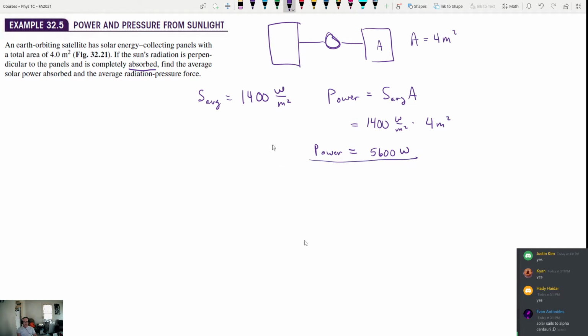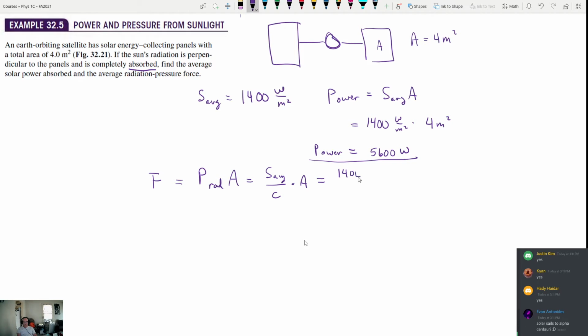And then find the average radiation pressure force. To get the radiation pressure, because it's fully absorbed, you just do S average and you divide by c. So you do 1400. Hold up. It says radiation pressure force. So we also have to multiply by area. To get force, F, you need pressure times area. So radiation pressure is going to be S average over c times the area of our vessel.